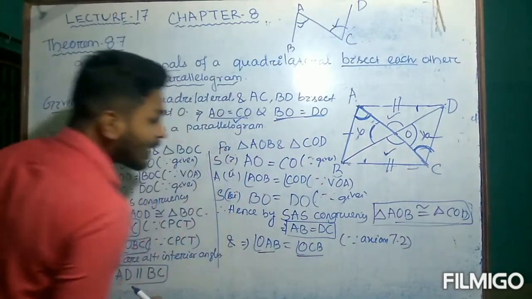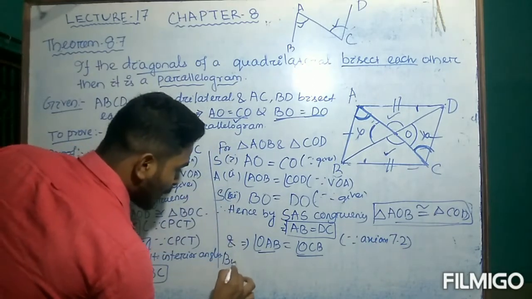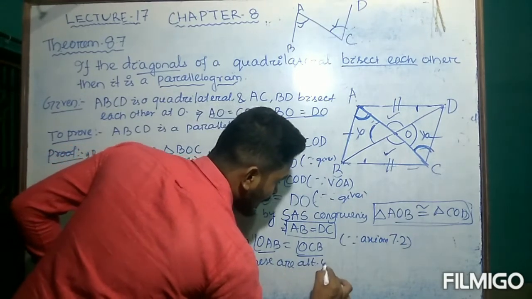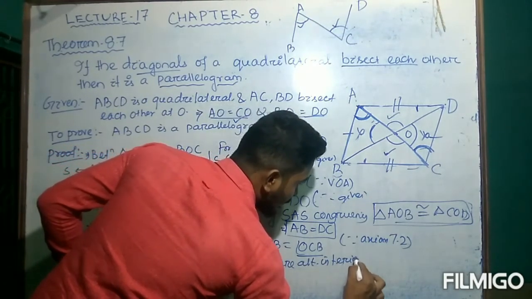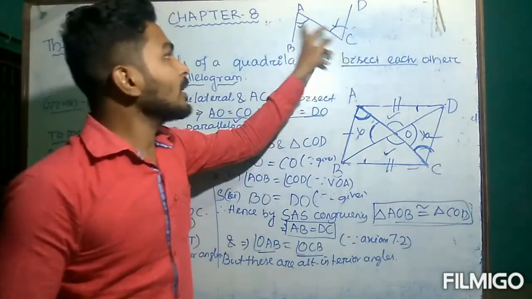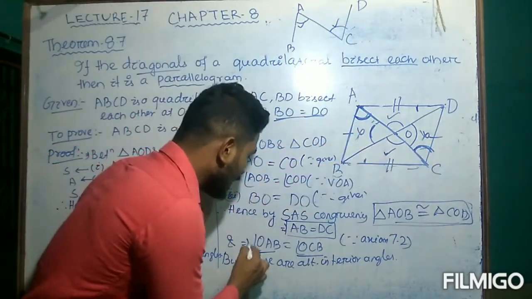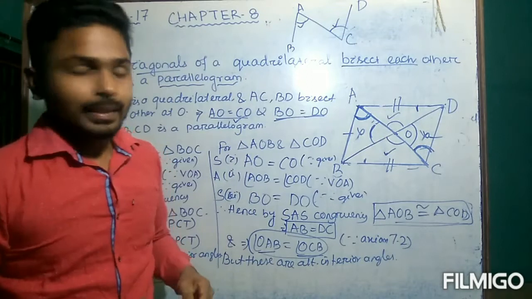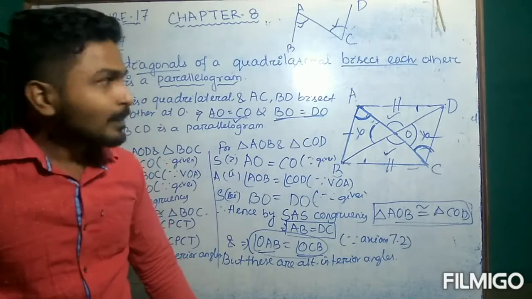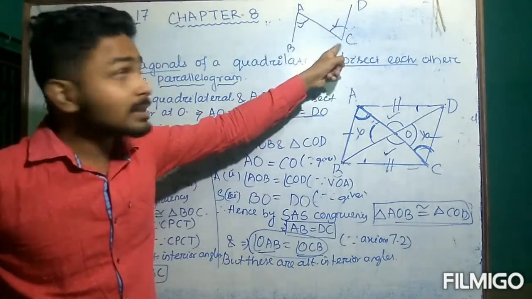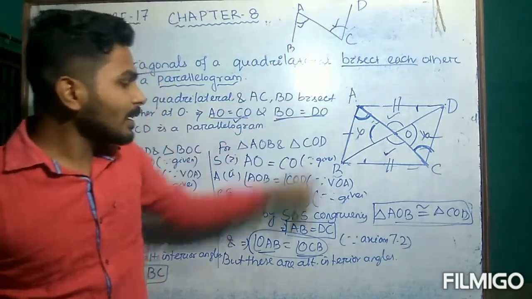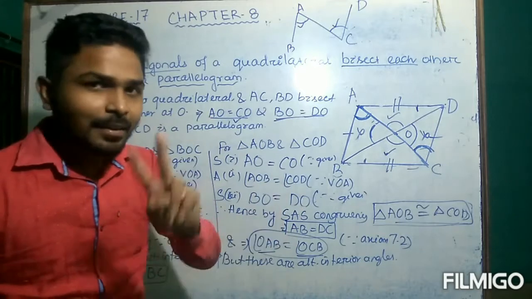So OAB and OCD are alternate interior angles, and we have found that the pair of alternate interior angles here are equal. According to theorem 6.4, we know if there are two lines and a transversal line intersects them at two distinct points, if the pair of alternate interior angles are equal, then these two lines are parallel.